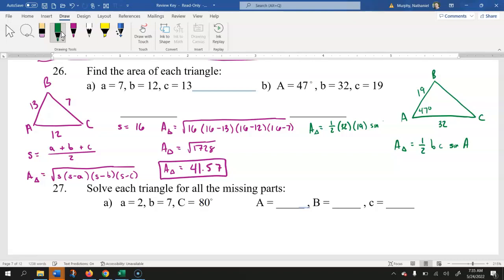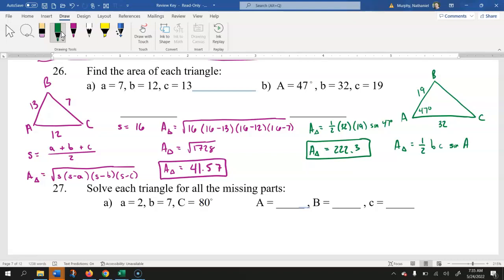And the angle is 47 degrees. So literally, all you have to worry about is just typing this in your calculator. And when you do that, we get 222.3. That's the area of the triangle.